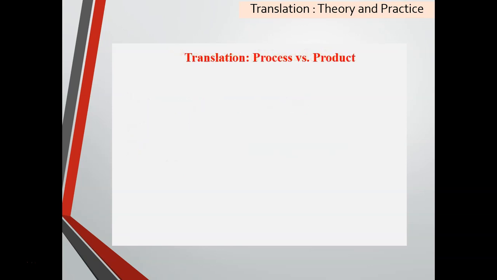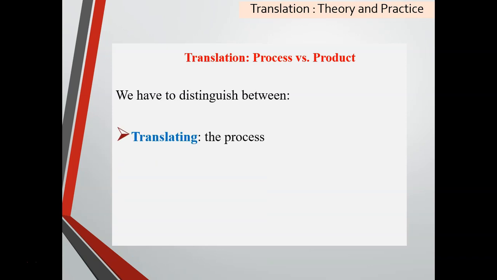Then the issue of process and product comes into existence. Usually they say translation as a process, and translation as a product. We have to distinguish between these two. When we say translating, it refers to the process, the activity rather than the tangible object. When we say translation, it is the product of the process of translating, that's to say the translated text.